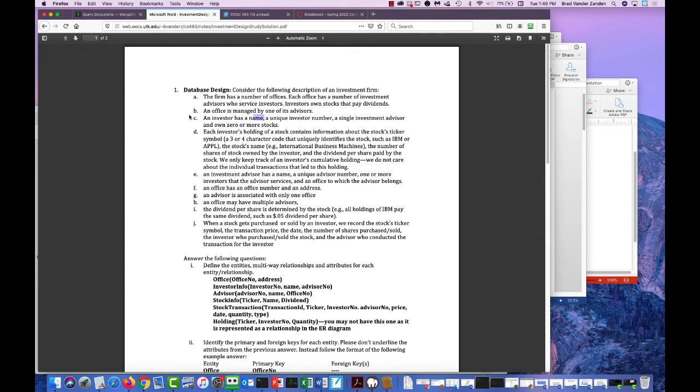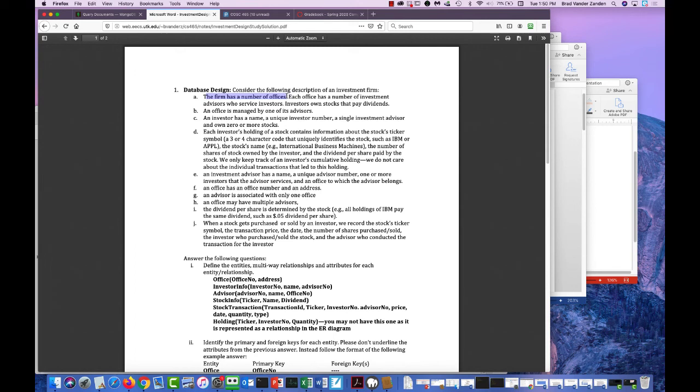Okay, and the final thing, don't get roped into it. Most things will start with the firm or the university or the hospital has. The university has departments or the hospital has units.